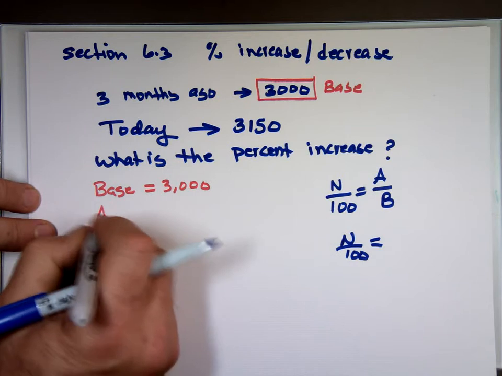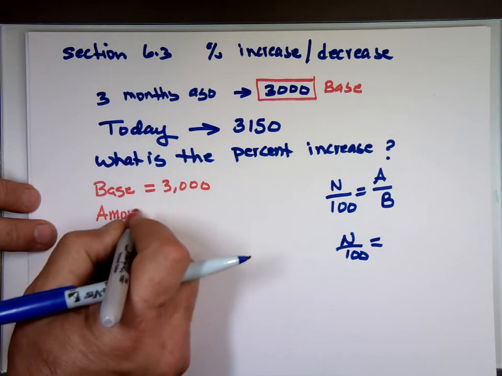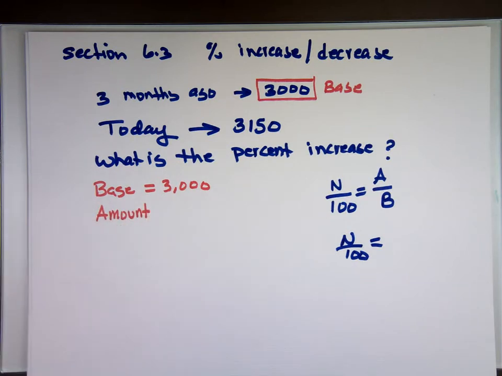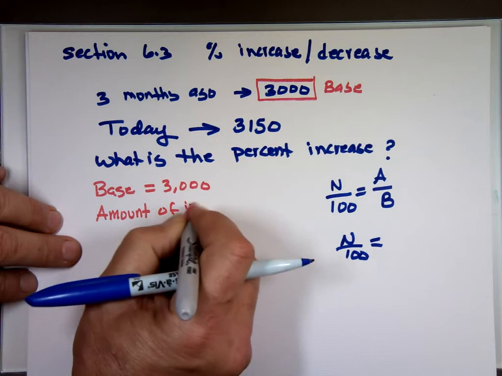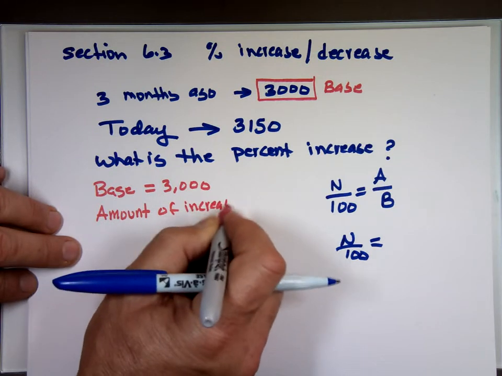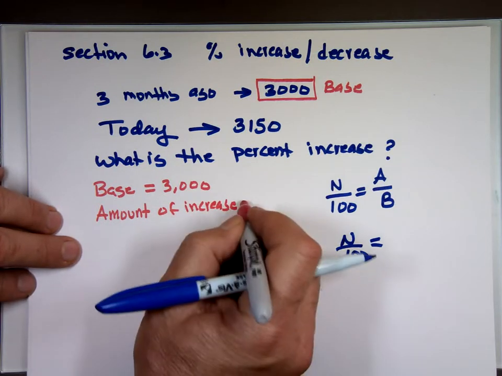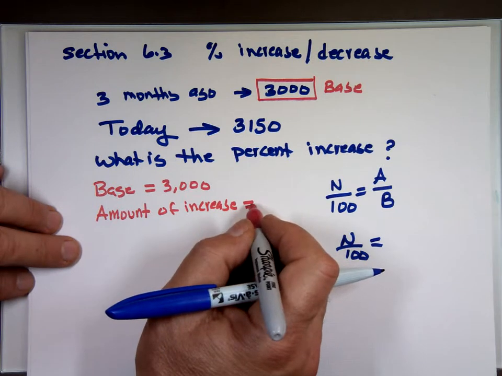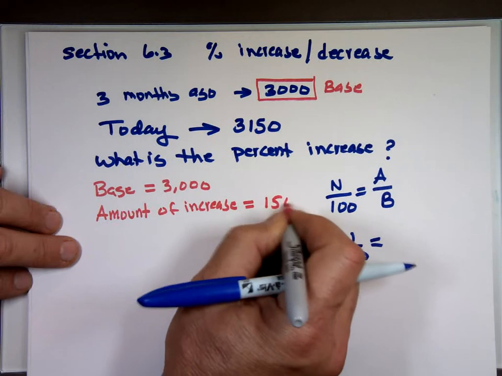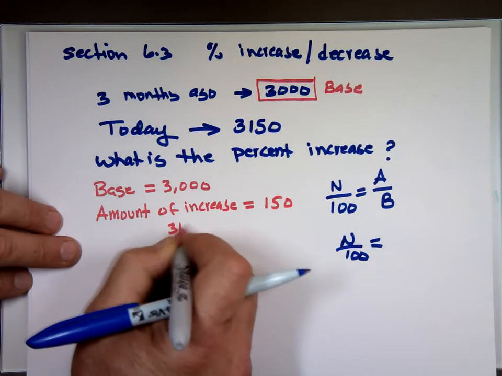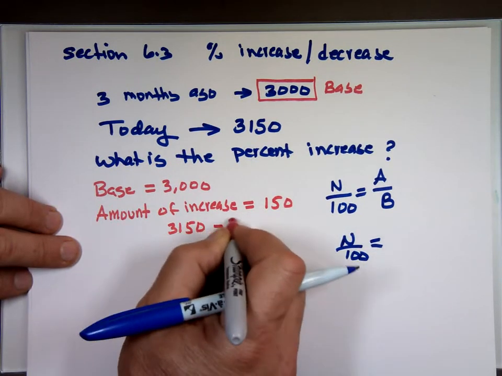What about the amount? We're talking about the percent increase. Tell me the amount of increase. What is it? Not 3150. 150. How'd you get the 150? The 3150 minus the 3,000.